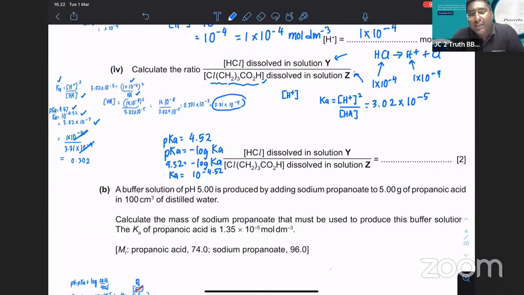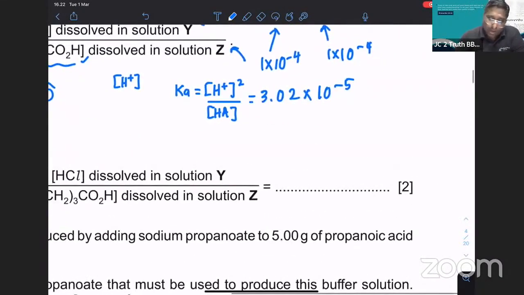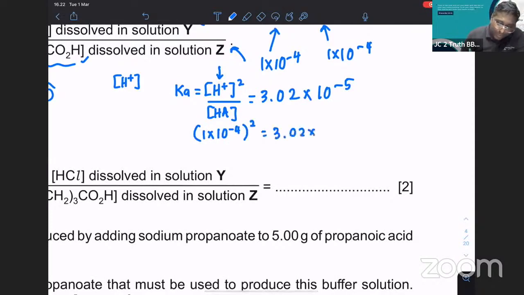Using this value, you just need to calculate the HA, because we already have the other values. Just need to put it in. So 1 times 10 negative 4, which we calculated just now, to the power of 2, equals 3.02 times 10 negative 5 divided by the concentration of HA.